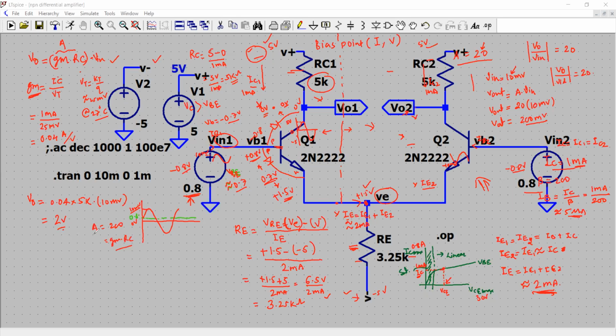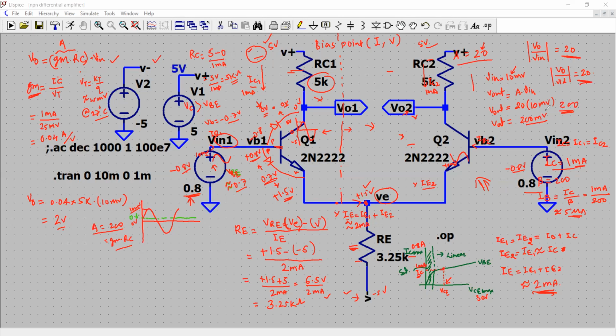So that is how you get this analysis done. With all set, we have a signal that we will apply here. We'll have the output 200 times larger than the input signal. And initially we had predicted we want a gain of only 20, but now through the values we have chosen, we have a gain of about 200, right?